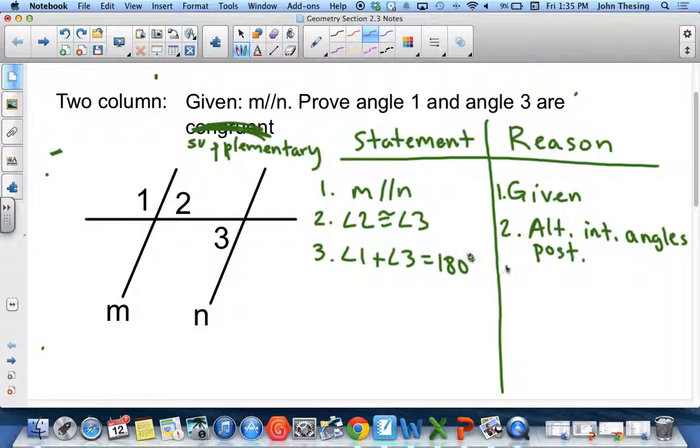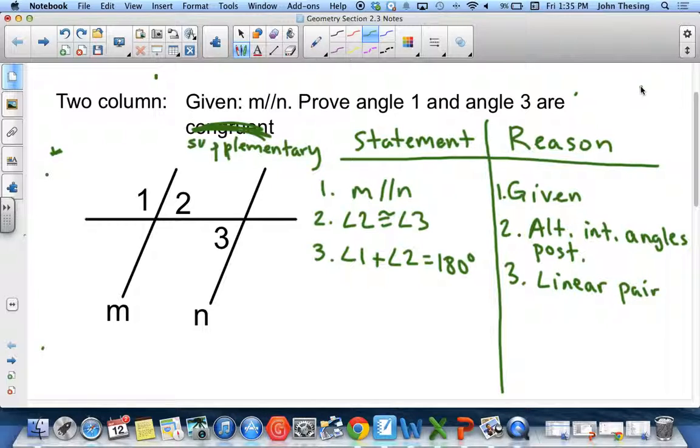Sorry, angle 1 plus angle 2 is 180 degrees, and the reason is those two angles are called a linear pair.